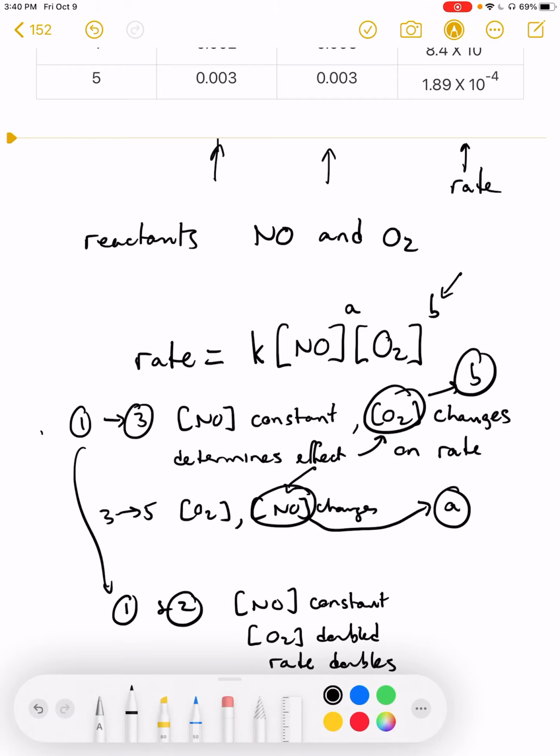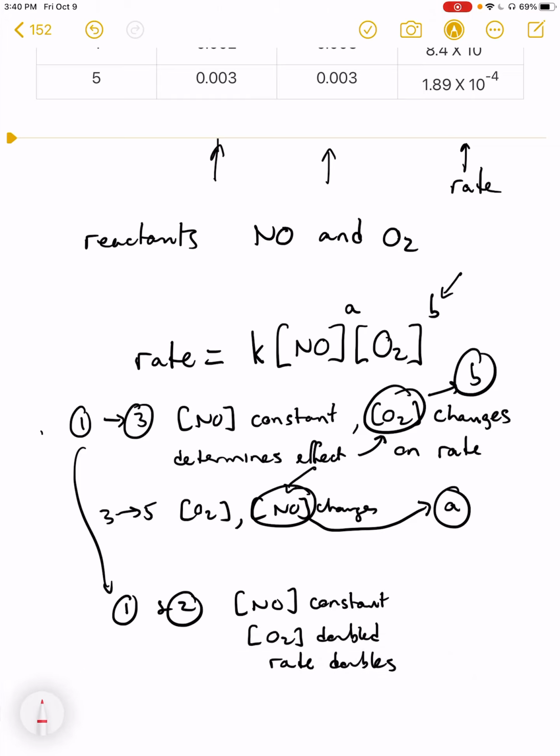Now, let's take a look at this rate law for a moment. And I see that the rate gets 2 times greater while this stays the same, and this gets 2 times greater. Now, this is a rate constant, and by the definition of rate constant, it means that it stays the same also.